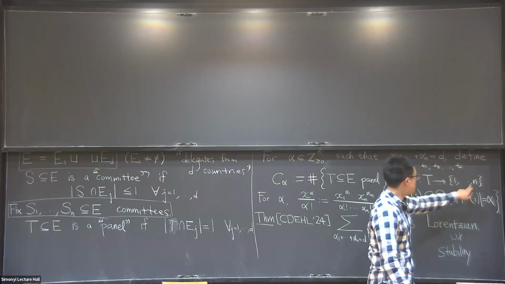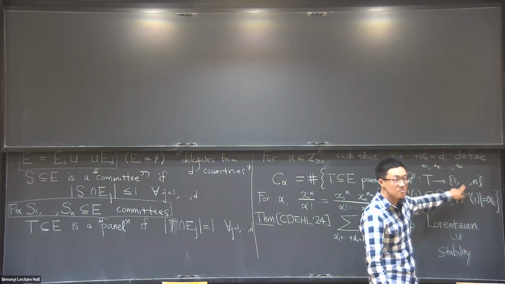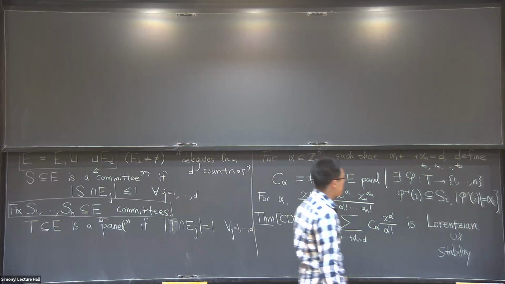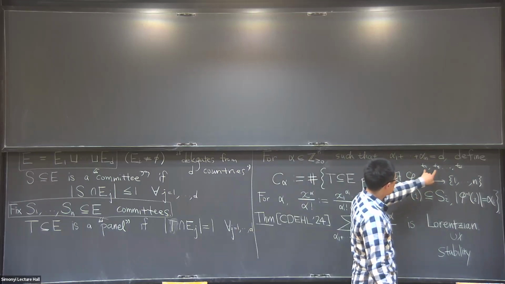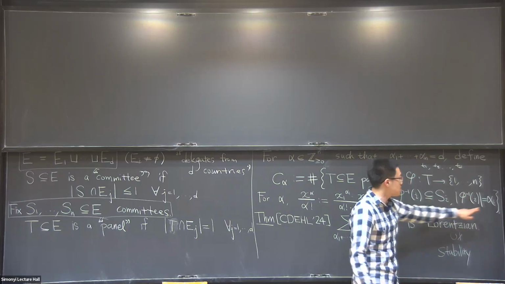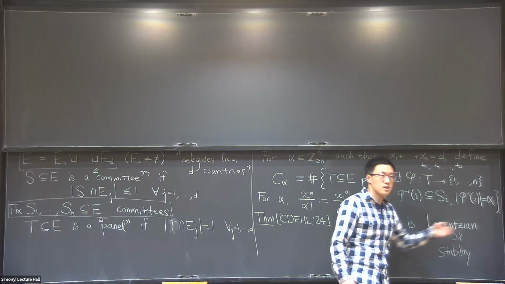T2, let's say it also maps to 3, then it also came from community 3, and so forth. And I want it such that the number of times, for instance, 3 is hit is exactly equal to alpha 3, and so forth.